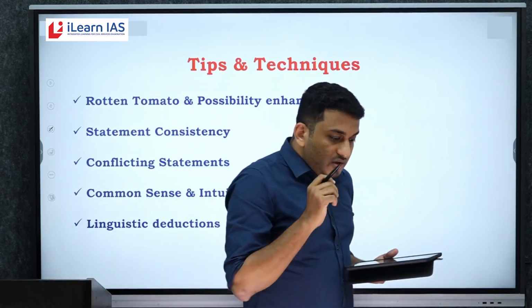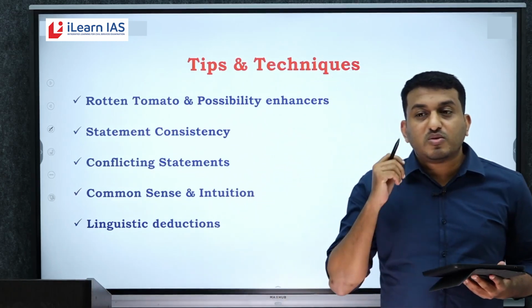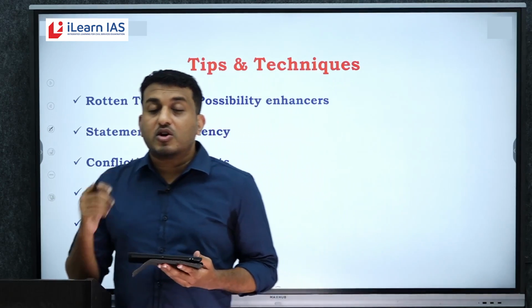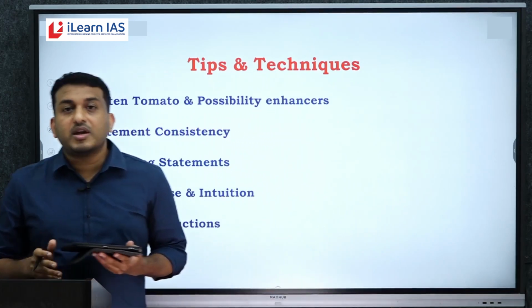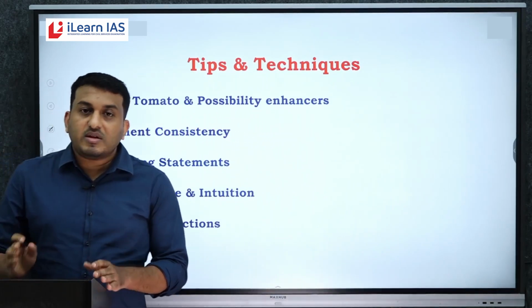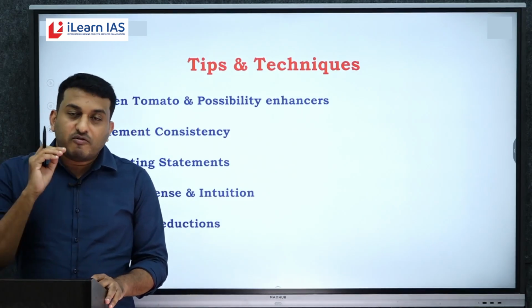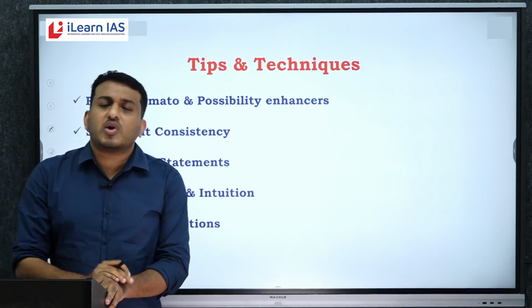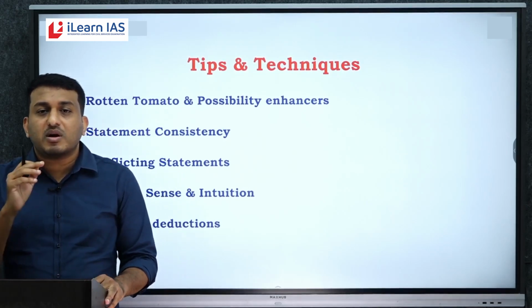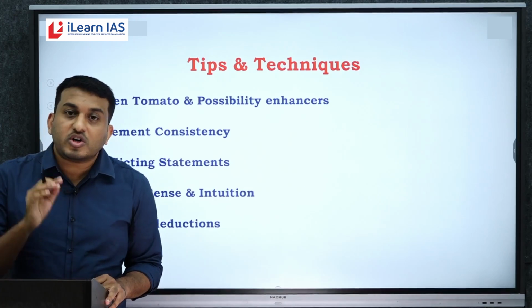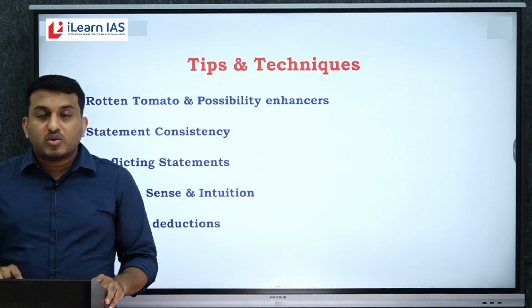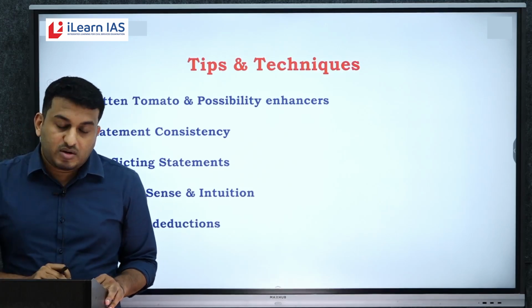It is very difficult to devise wrong statements. Getting it? That means the examiner needs a very strong argument to make a statement completely wrong in order to avoid controversies. Getting it? So that is one thing we need to keep in mind.